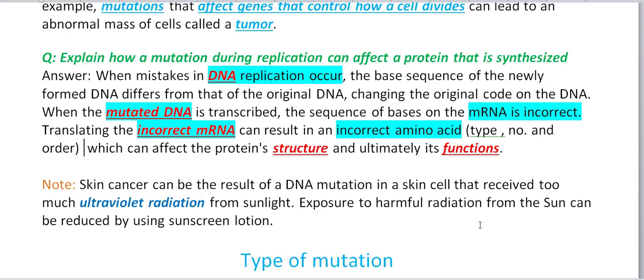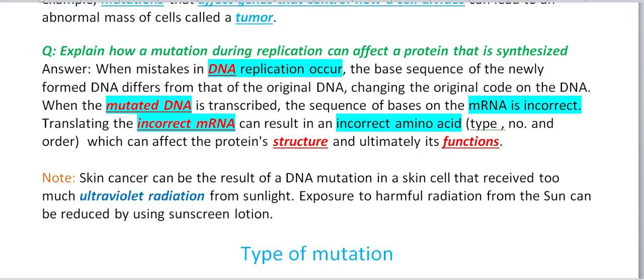If the mRNA is incorrect, then either the type, number or order of the amino acids has been changed in the polypeptide. If the polypeptide changes, its shape is changed. If the shape is changed, the protein is unable to perform its normal function.